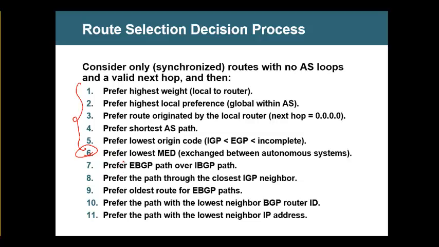If so, I prefer the path via the neighbor whose MED is lower. Condition is same autonomous system is connected with multiple connection. Dual homing, not multi-homing.